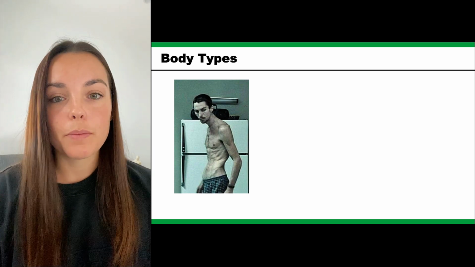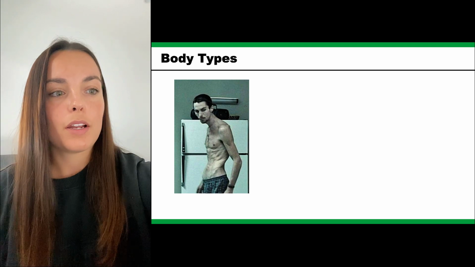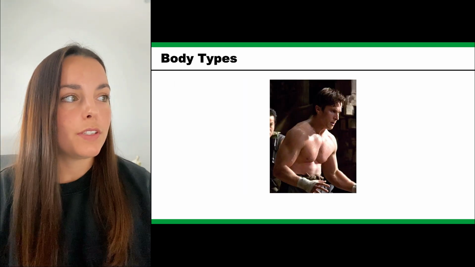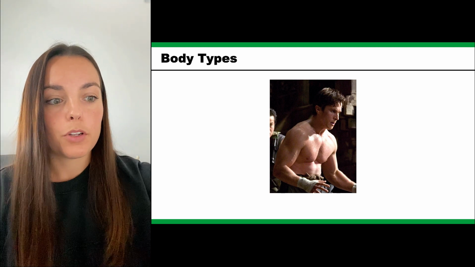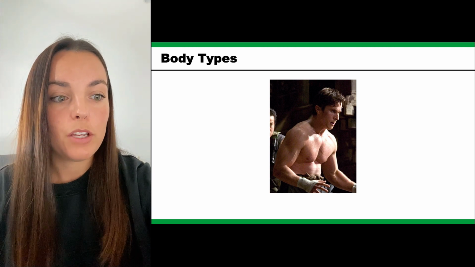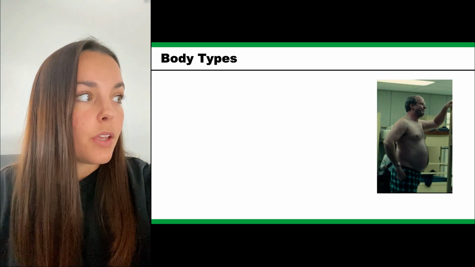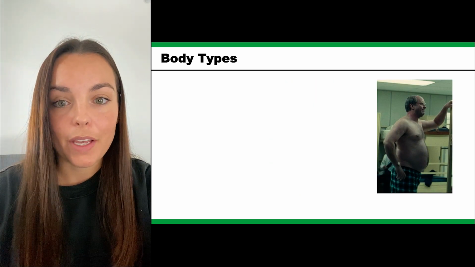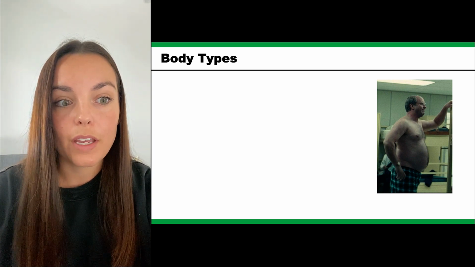So perhaps this person would be an ectomorph. Then if we had a look at this person here, you'd see the muscles. You'd probably assume that they were more towards that mesomorphy body type. And then finally, with this guy, you might look at him and assume, yep, that's got to be someone who would fit within the endomorphy category.